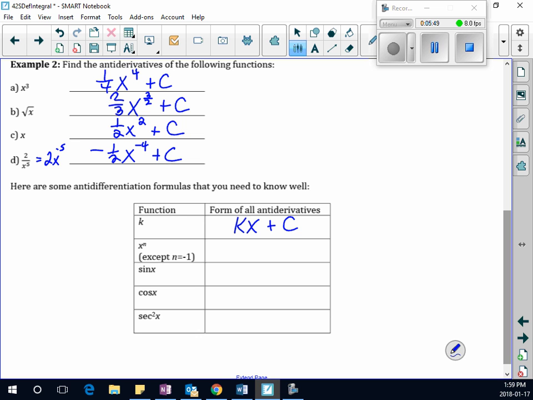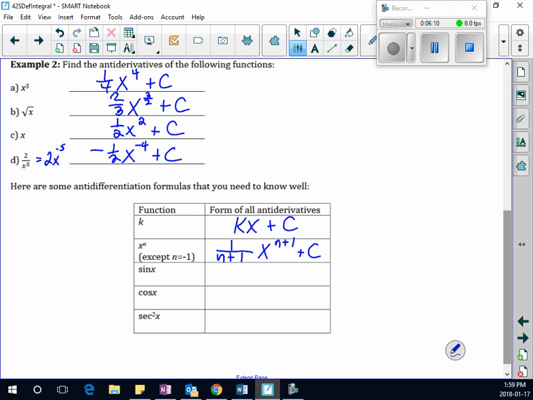We're going to take the reciprocal and multiply it. But you have to add 1 to that first. Yeah, so it's going to be 1 over n plus 1 times x to the power n plus 1 plus c.